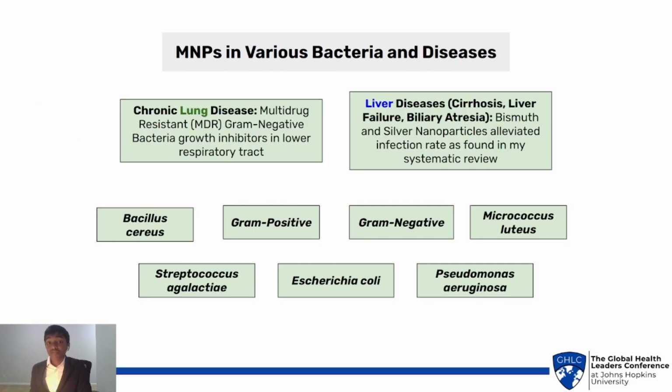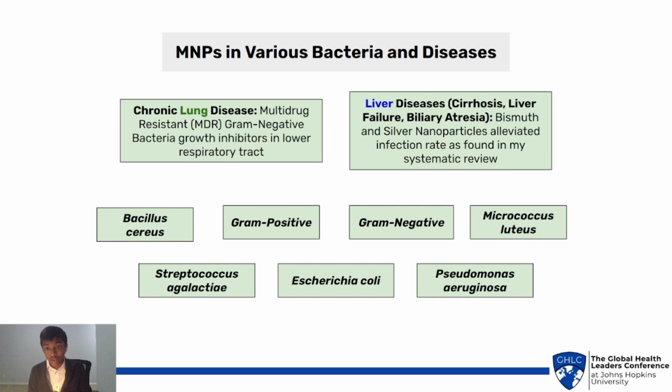And MNPs in various bacterial diseases. It helps in chronic lung disease and liver diseases. Let's start with chronic lung disease. You have multi-drug resistant gram-negative bacteria, and what these MNPs did was act as growth inhibitors in the lower respiratory tract, which relieved the chronic lung disease. In my systematic review, we can see that MNPs help in liver diseases like cirrhosis, liver failure, and even biliary atresia.